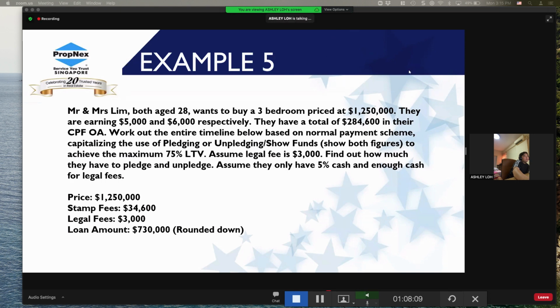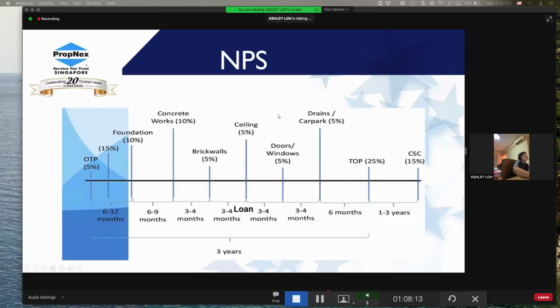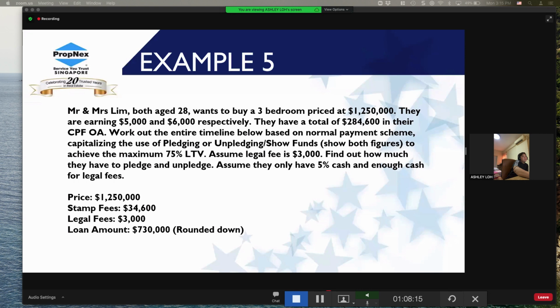Has everyone done the calculations already? The pledging formula slide can show again.